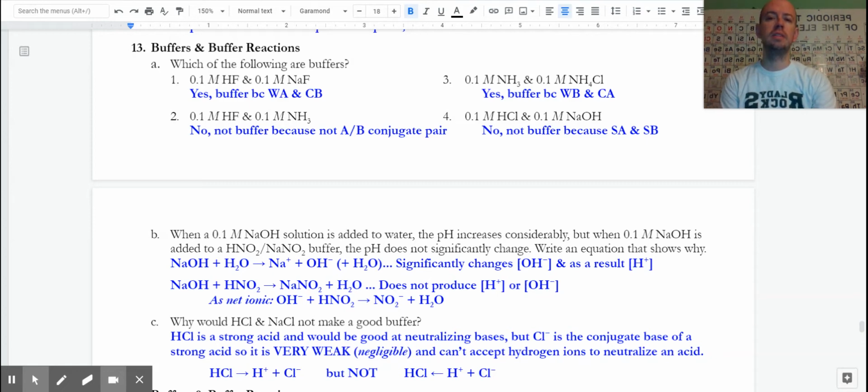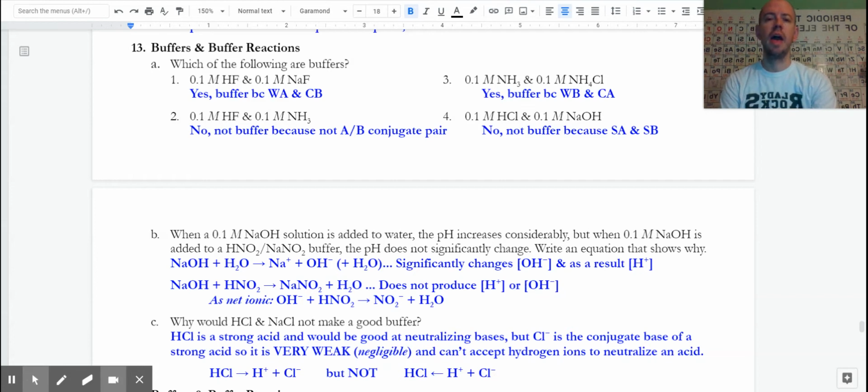We need some of the conjugate base from HF to do that equilibrium, and we need some of the conjugate acid from this to do that equilibrium. So we'll say no on that. You can come back and revisit the more complex equilibrium, and think about what it would do and what the pH would be, at a totally different time.